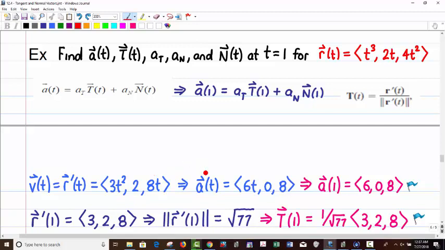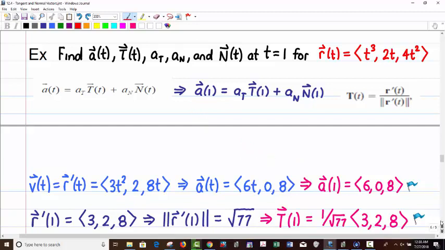And therefore the acceleration is the derivative of the velocity, also r double prime of t, which I did not write, but I wrote r prime there; it is r double prime. 3t squared has a derivative of 6t. 2 would be 0. 8t would be 8. So a of t would be 6, 0, 8. There's your left side, 6, 0, 8.